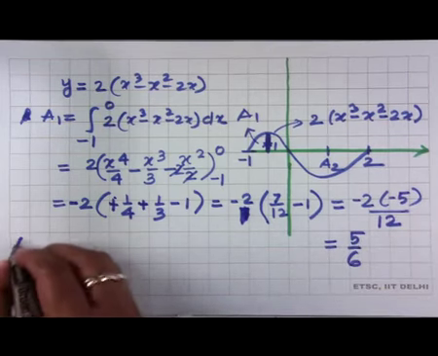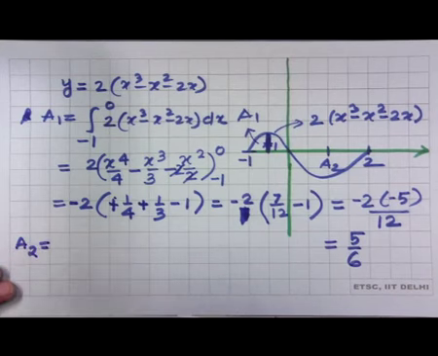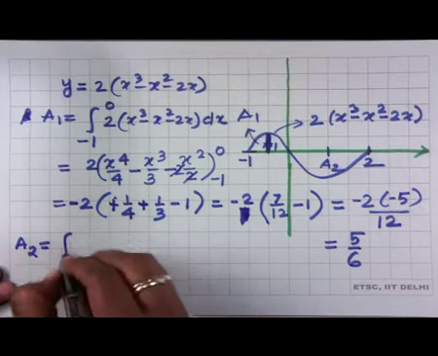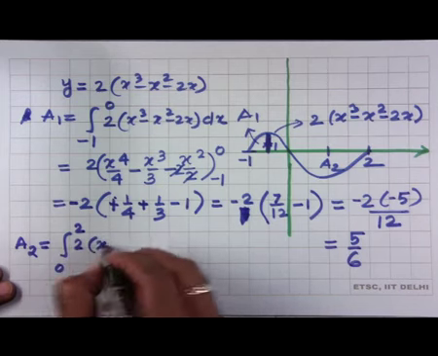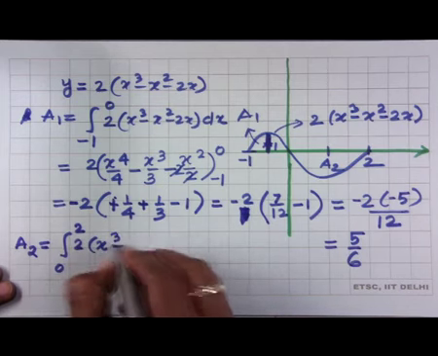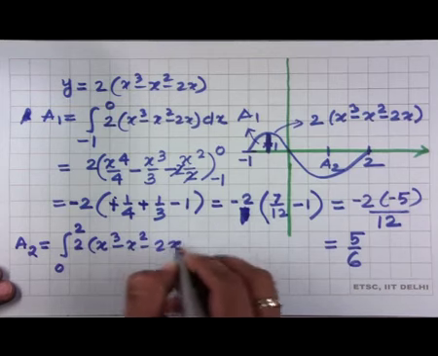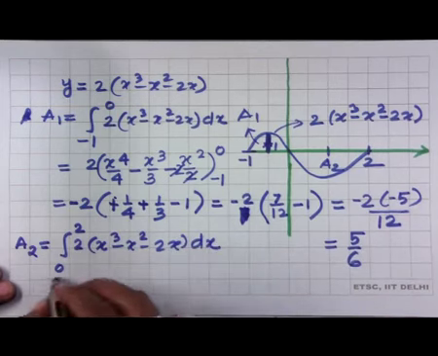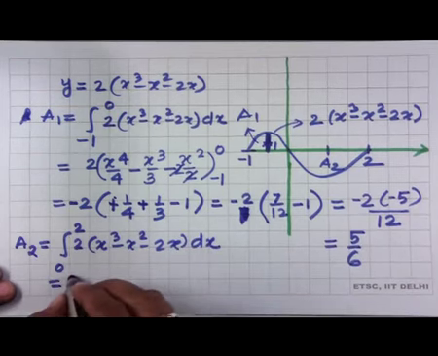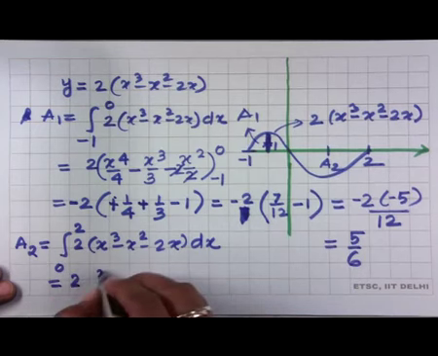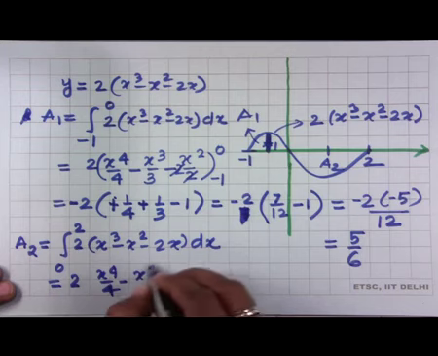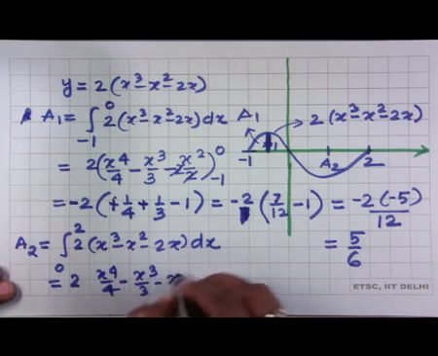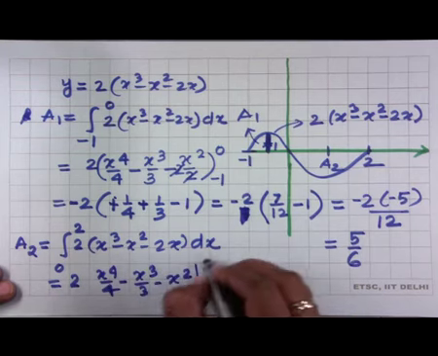So, then A2, this is equal to 0 to 2 twice of x cube minus x square minus 2x dx. This is equal to 2x to the power 4 by 4 minus x cube by 3 minus x square, 0 to 2.